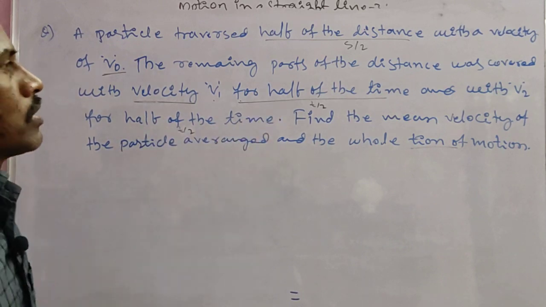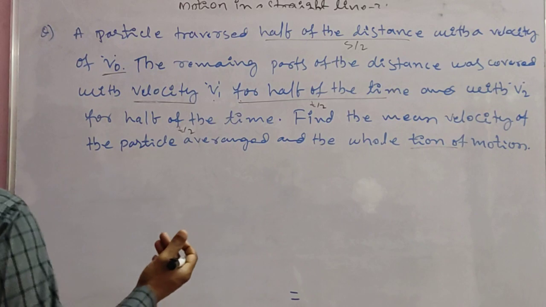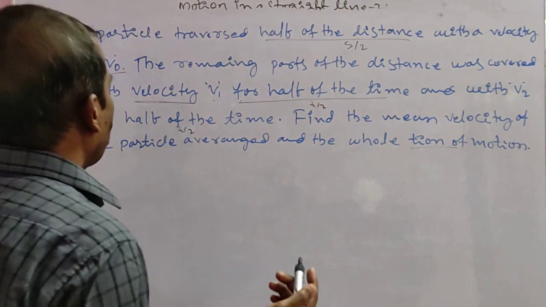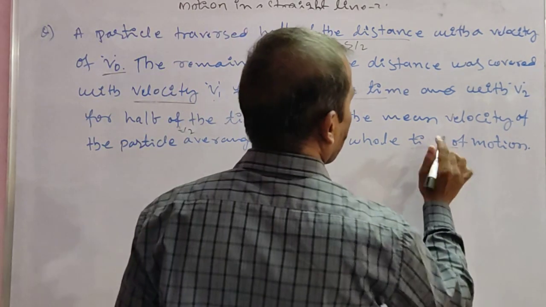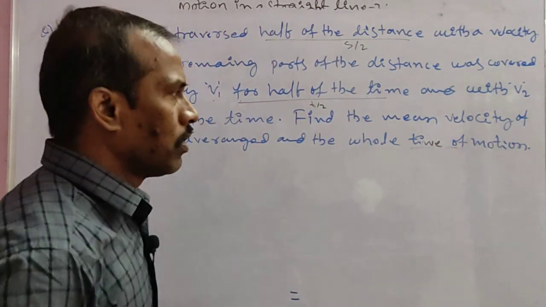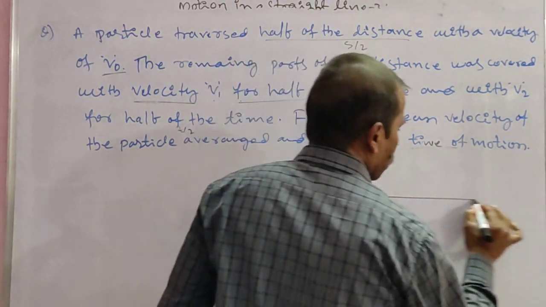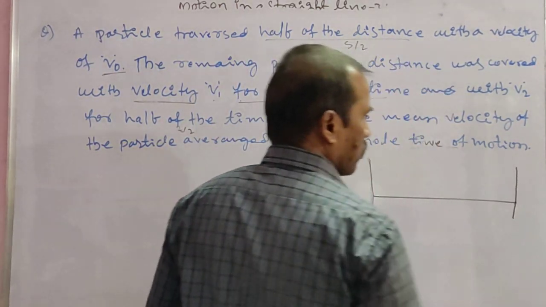Find the mean velocity of the particle averaged over the whole time of the motion. Here first of all listen carefully. Total distance, for example.